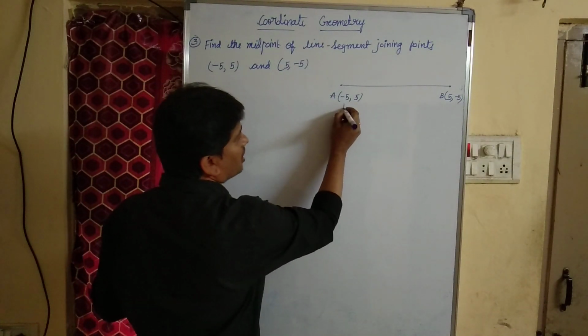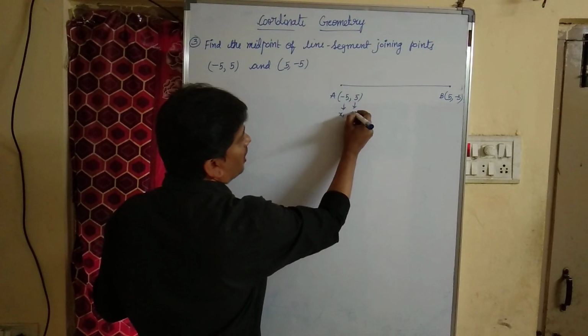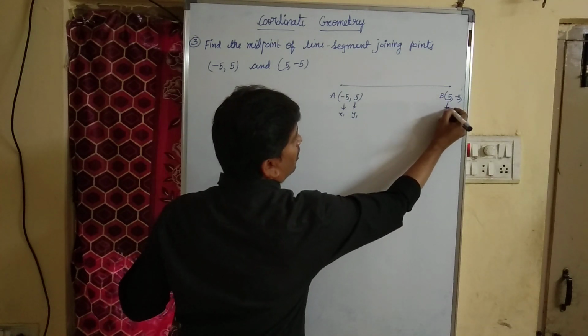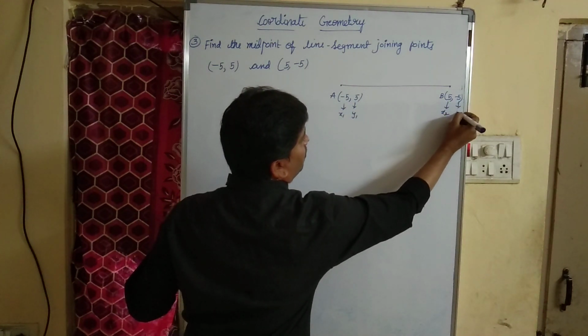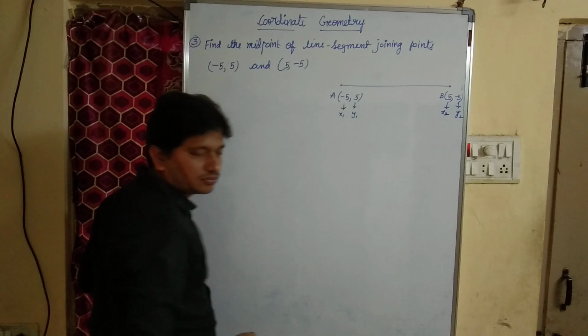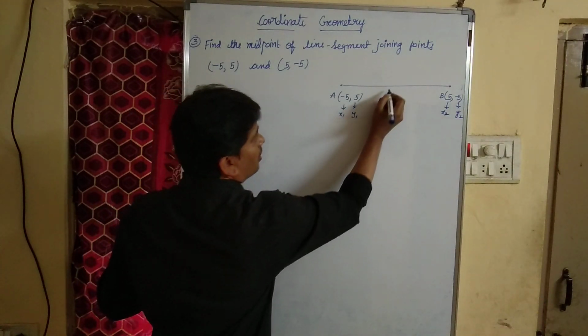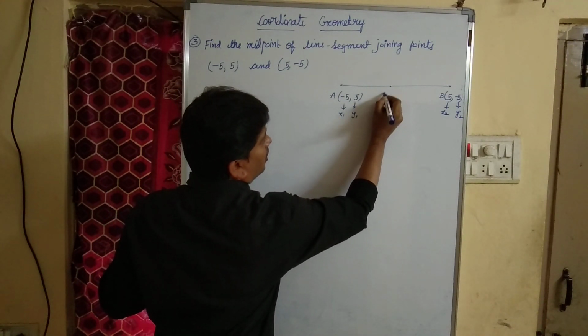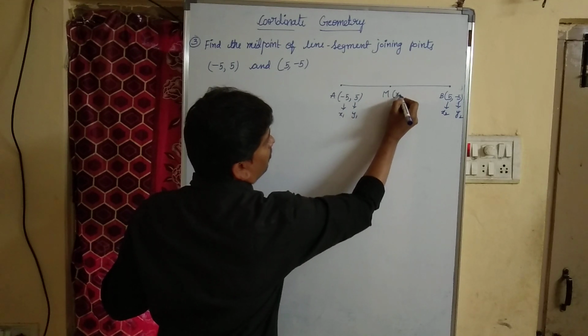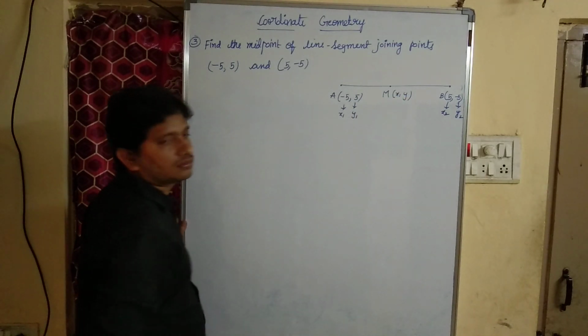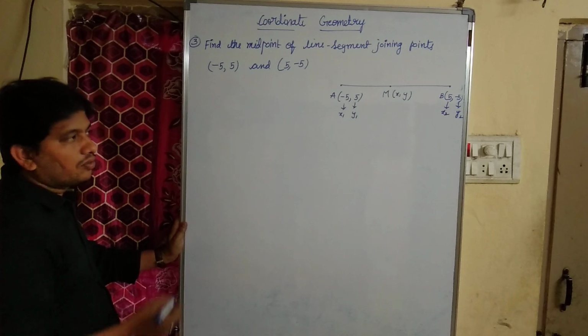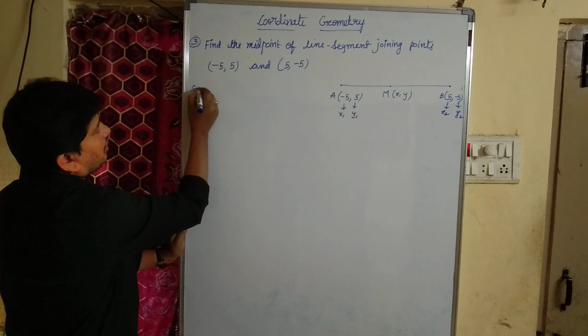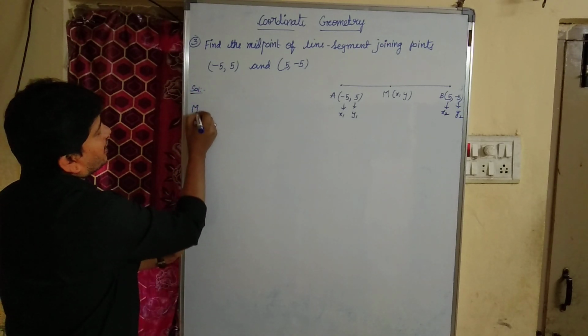So as it is our x1 y1, x2 y2, right? In general, the midpoint is represented by the letter M of x comma y. You know children, what is the formula to find the midpoint of a given line segment?